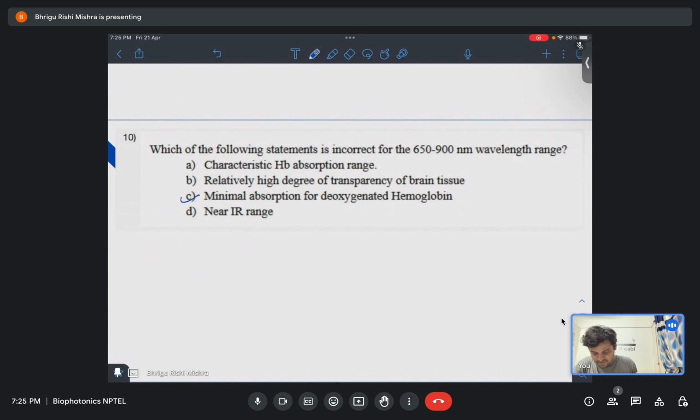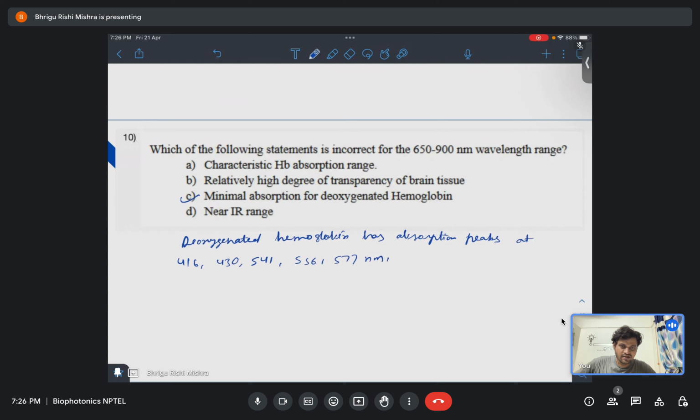Deoxygenated hemoglobin has absorption peaks at 416, 430, 541, 556 and 577 nanometer.